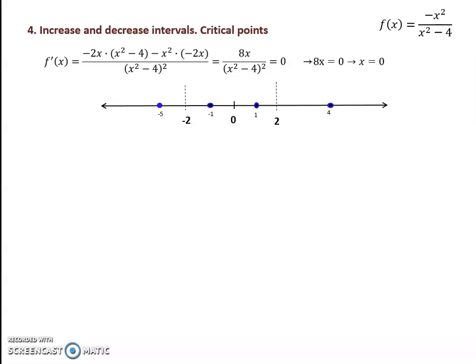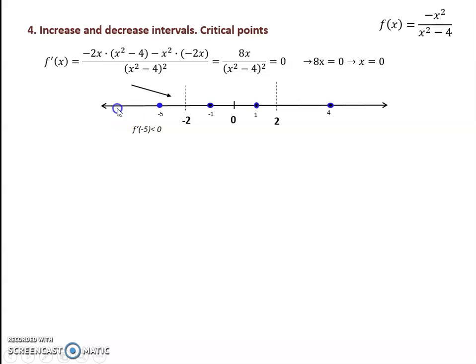You can choose any one you want. And we need to see which is the sign of the derivative at these points. So f prime of minus 5, I'm replacing minus 5 here in the derivative, and that's negative, smaller than 0. It doesn't really matter the value, okay? The only thing that matters is it being positive or negative, and this one is negative, so arrow going down.